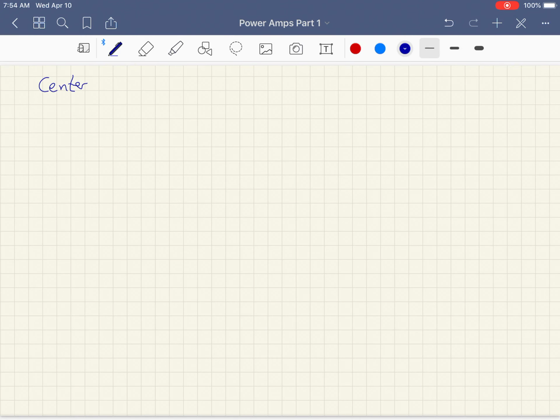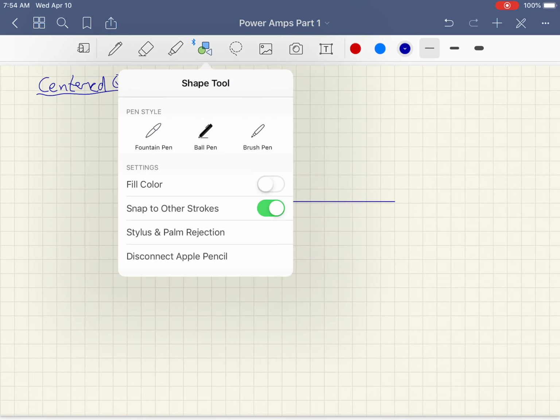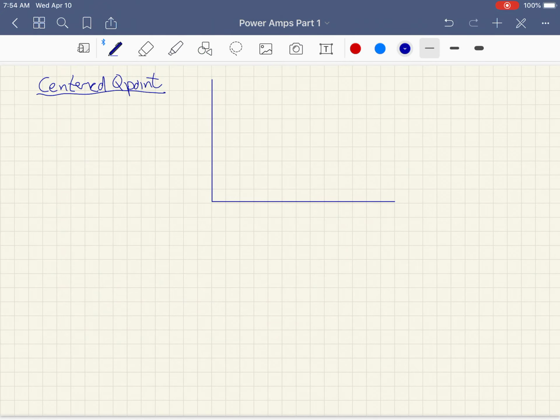You recall centered Q point. And I'm going to draw a little curve here. Okay, we've got IC, we've got VCE. If you remember, we're talking about a bipolar junction transistor here.